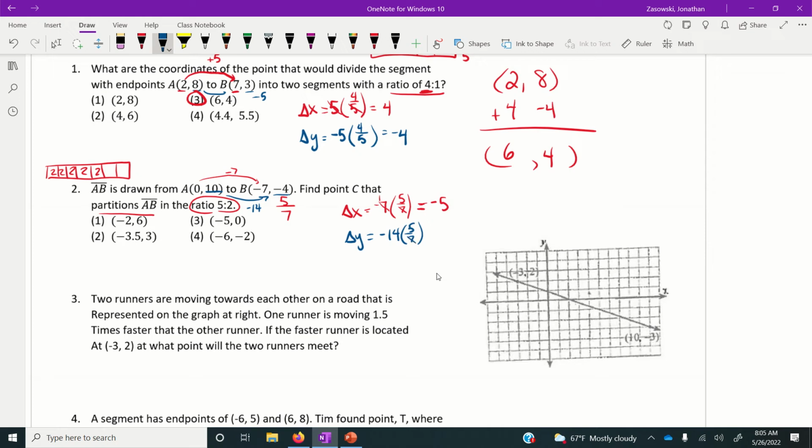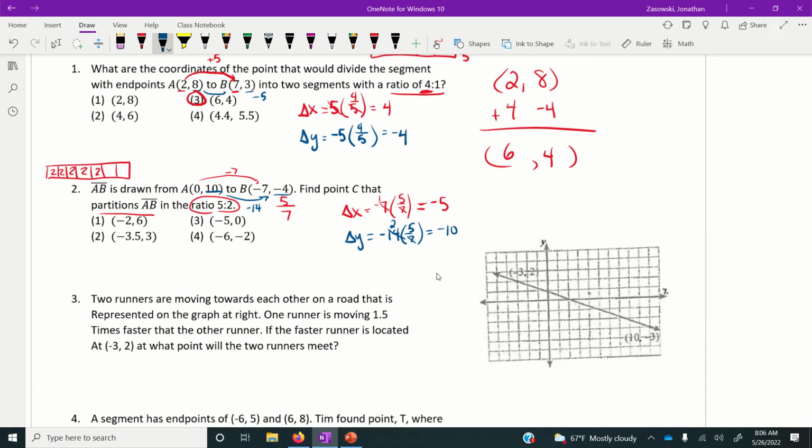Or you could drop the 7s out and get -2 times 5, which would equal -10. So -70 over 7, which is going to give us, I put 20, but it should be -10.